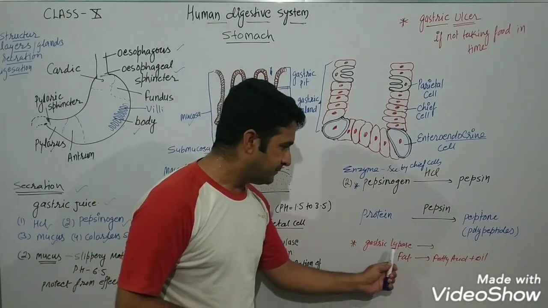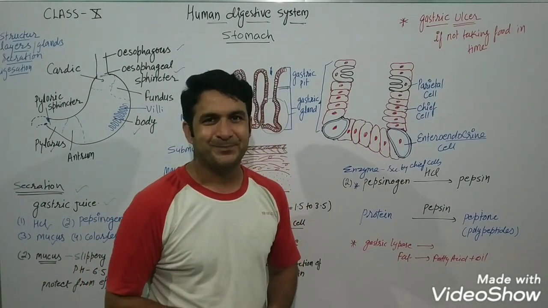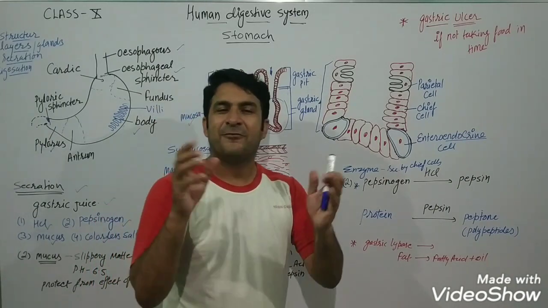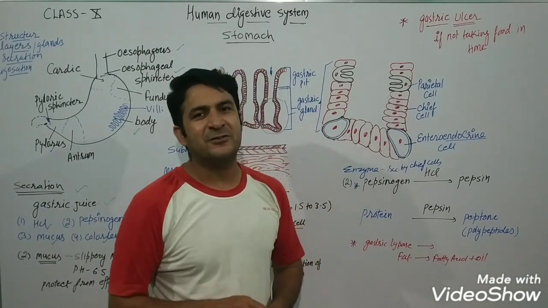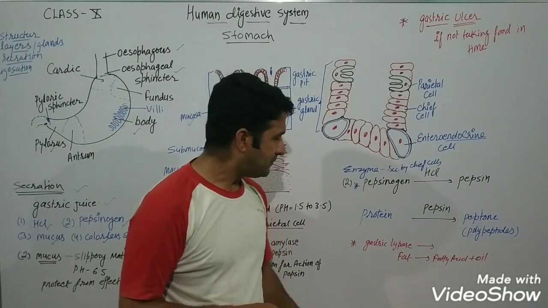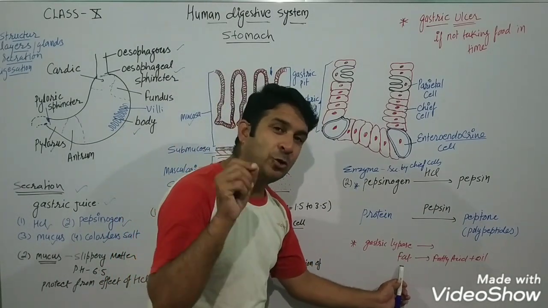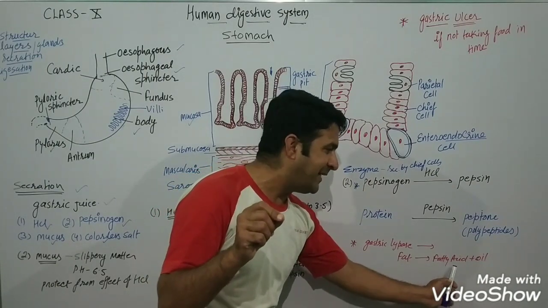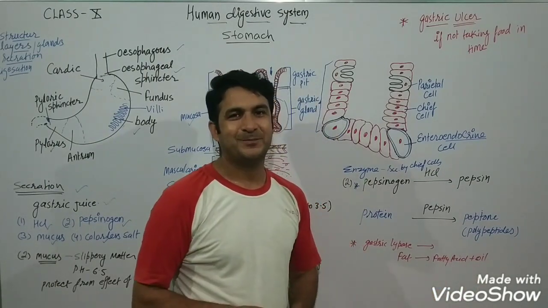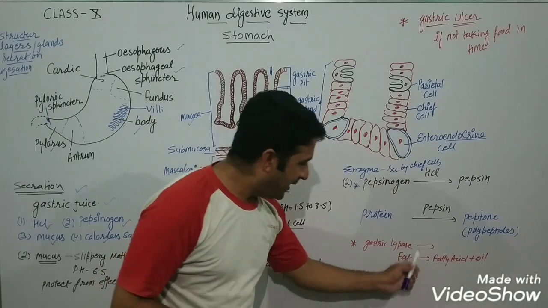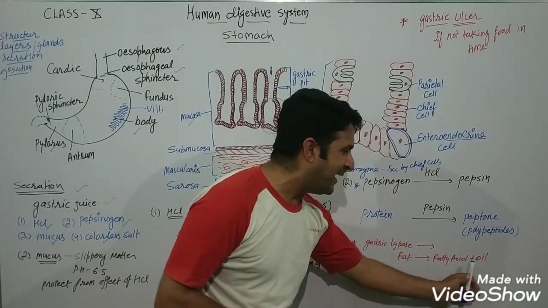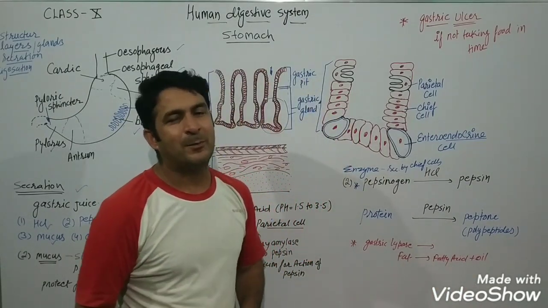It is known as gastric lipase. The lipase family of enzymes has the function of digesting fat. So here the gastric lipase converts fat into fatty acid and oil, in a little amount.